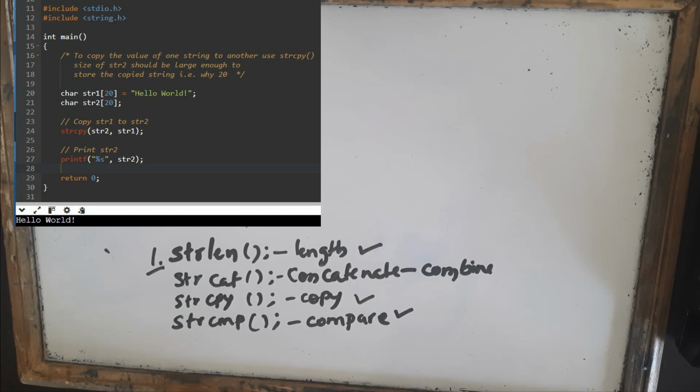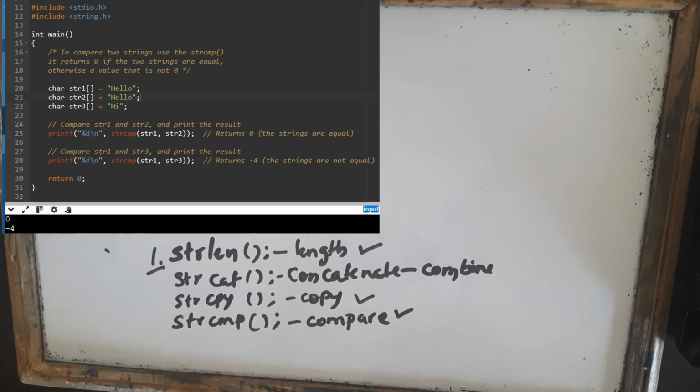If you don't give any length, then the compiler may think zero length. That's why you have to explicitly mention 20 bytes to accommodate hello world in string 2. So strcpy at line number 24 will copy string 1 into string 2, and if you print string 2, now you can see in the output hello world has been copied to string 2.